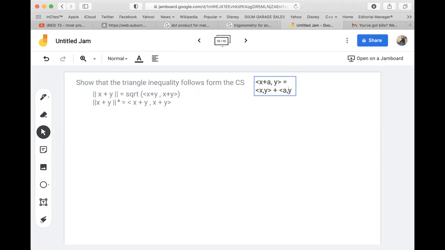This is the second axiom for the inner product. Let me check. Yes, u, v, w. Right. So we can apply this here.